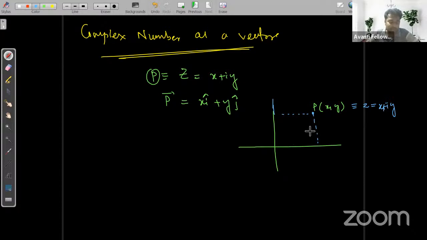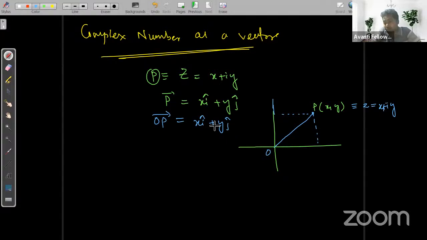What is a position vector? The vector from the origin to the point. So the position vector OP is x i cap plus y j cap. So the complex number is behaving like a vector here.